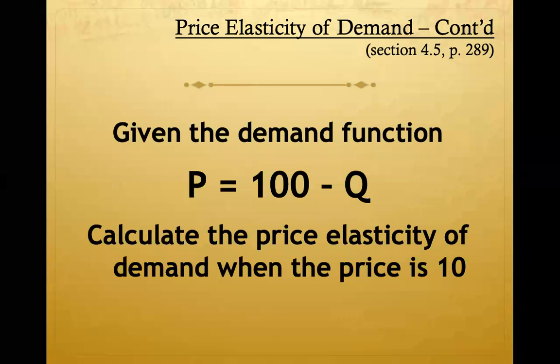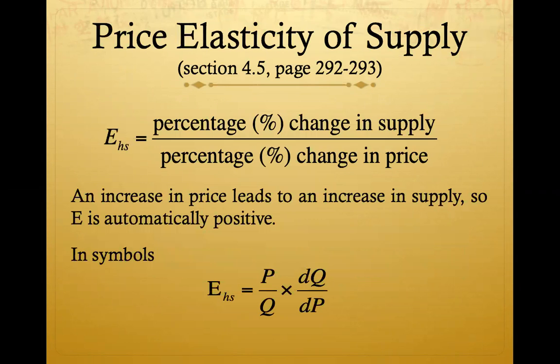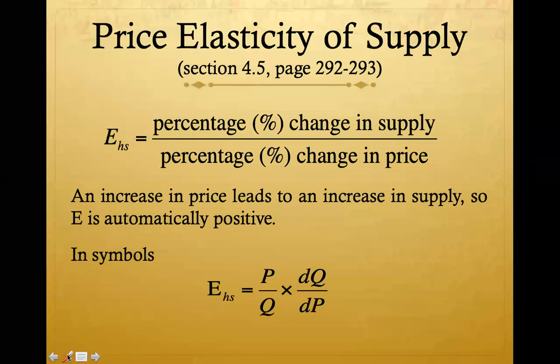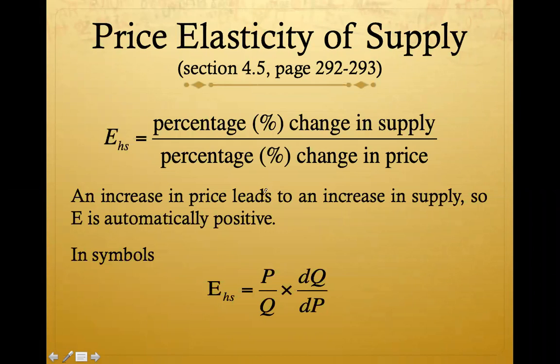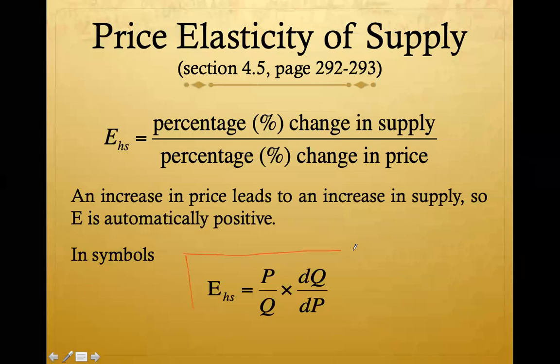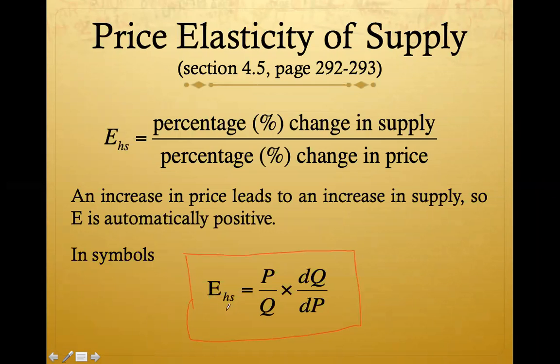There are two kinds of elasticity. The first is elasticity of demand, and the second is elasticity of supply. Before we try to solve the case, I just want to give the full explanation about elasticity first. The price elasticity of supply has this formula, which is actually the same as elasticity of demand: P divided by Q times dQ by dP.